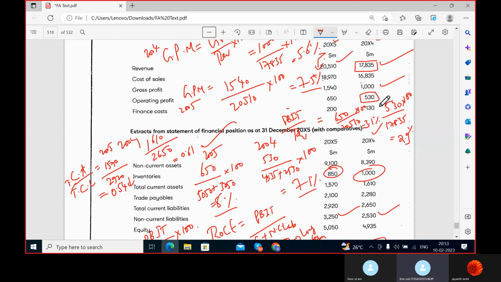So the interest coverage ratio for 2015 is 3.2 and for 2014 it's 4.07. Who got the answers for this? I'm waiting for your answers.